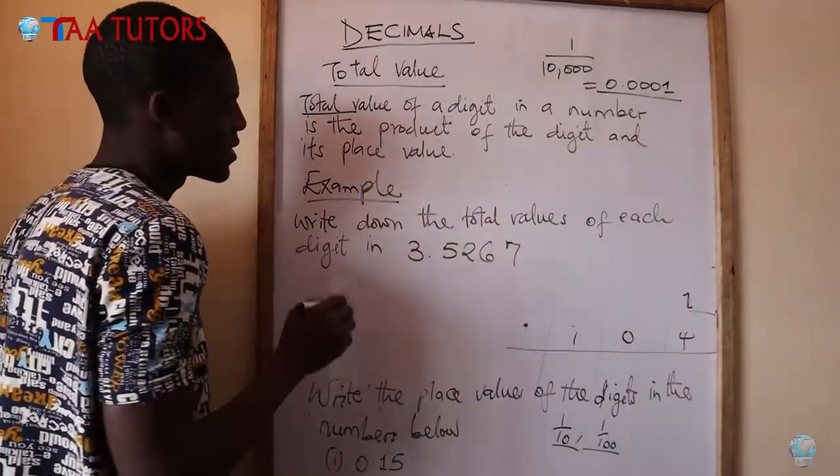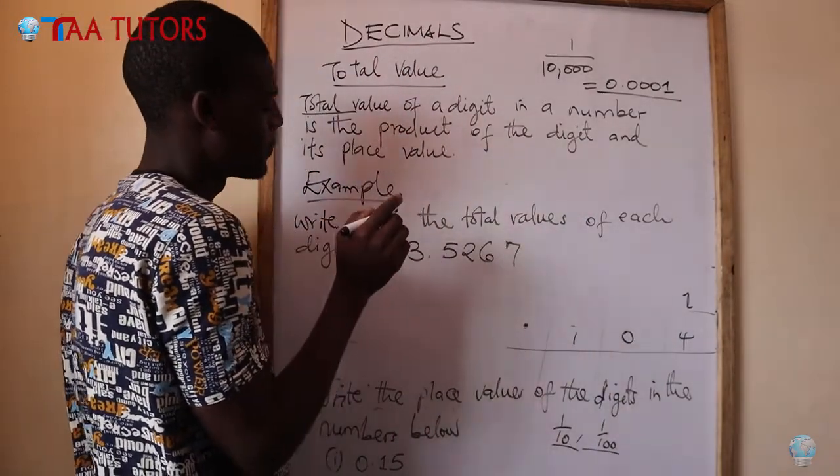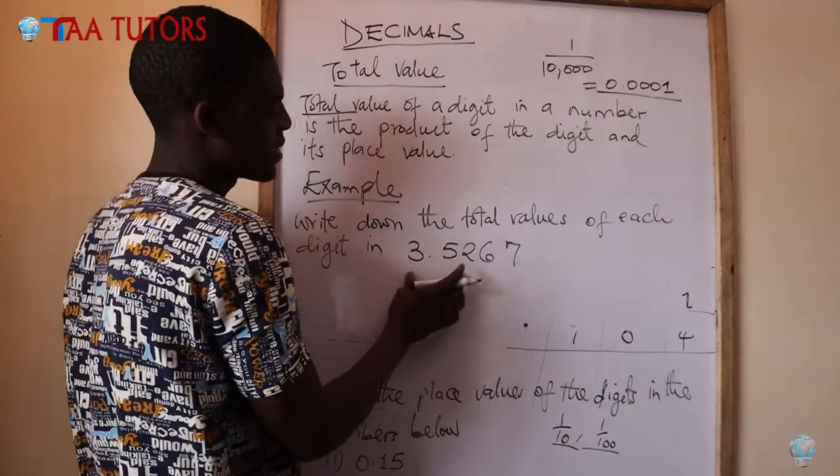We need to write the total value of each digit in this number.